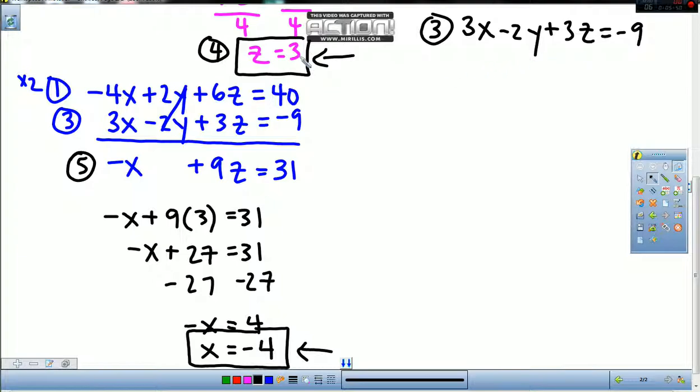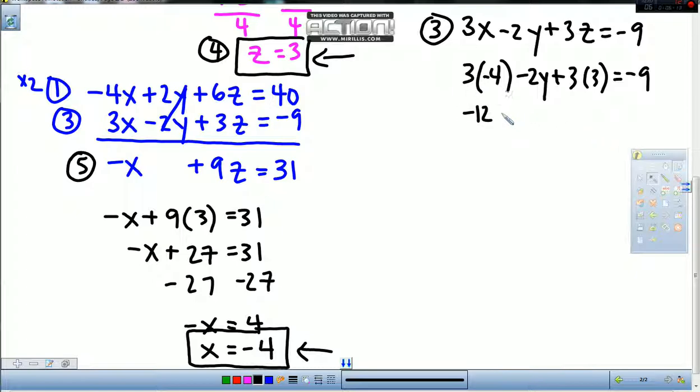Plugging these two values, z and x, into equation 3 will get me my y. So 3 times x, which is negative 4, minus 2y, plus 3 times z, which is 3, equals negative 9. So 3 times negative 4 is negative 12, minus 2y, plus 9 equals negative 9.